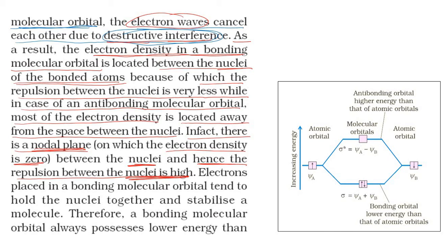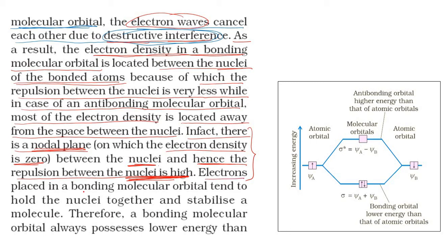With respect to the diagram, when I speak of the pi bonding molecular orbitals, I will be including this part, students. In fact there is a nodal plane between the nuclei, and hence the repulsion between the nuclei is high, right?